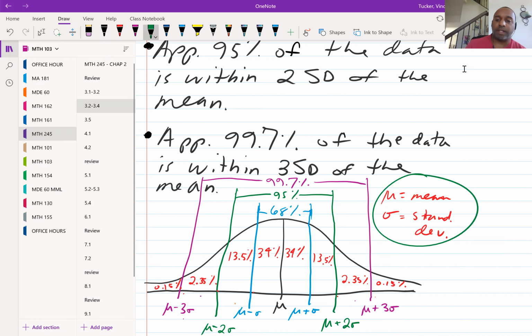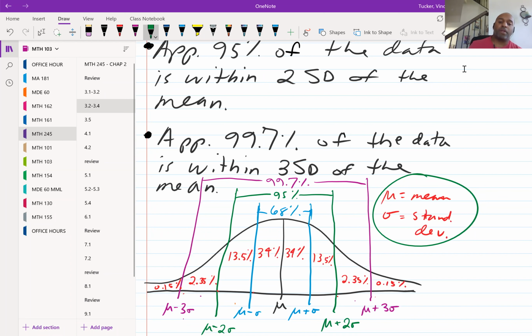Notice right here, just to reemphasize what we just finished talking about as far as notation is concerned, the mean is mu, standard deviation is sigma. So your mean is in the middle. And as you go out, 1 standard deviation, 2 standard deviations, 3 standard deviations, those percentages will be as those three statements gave.